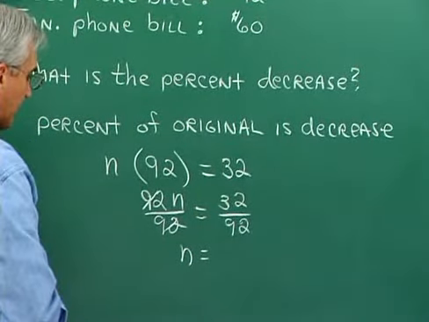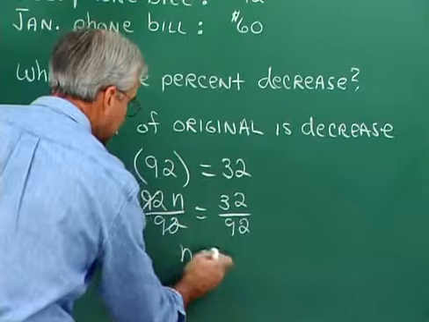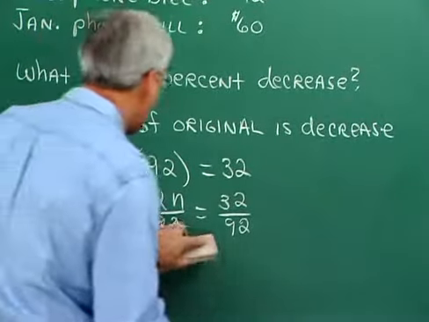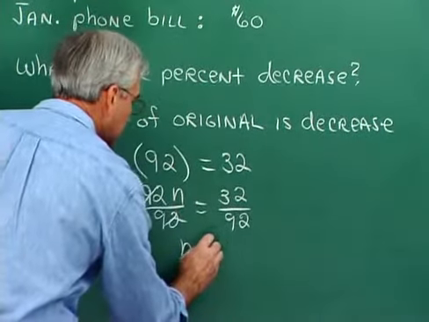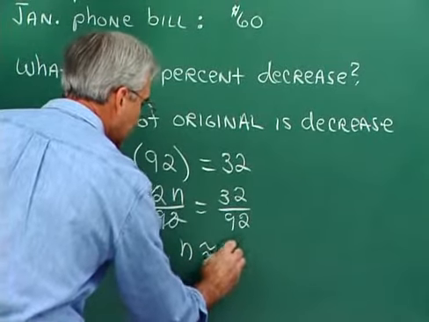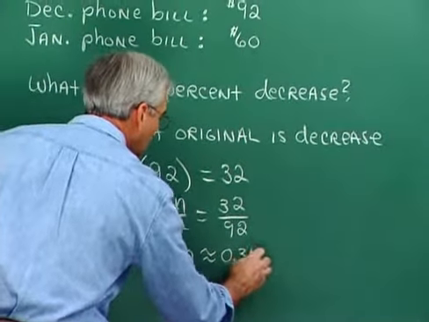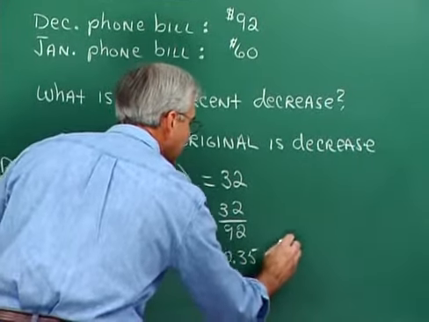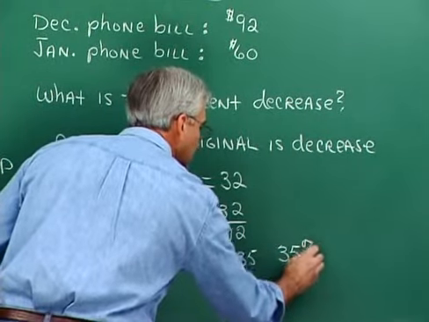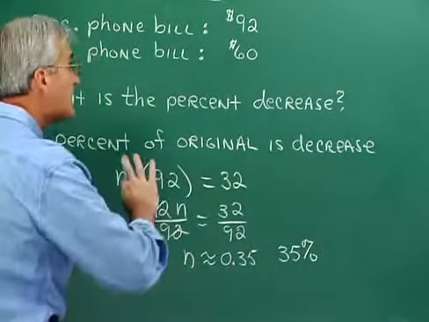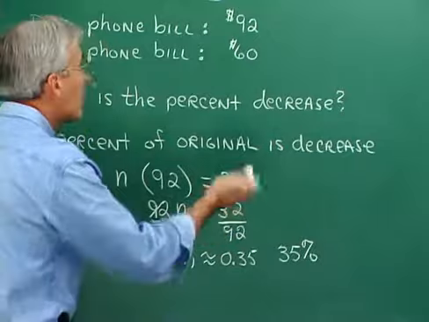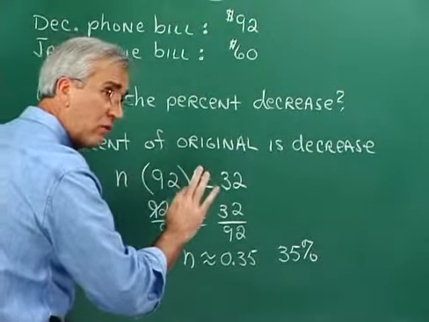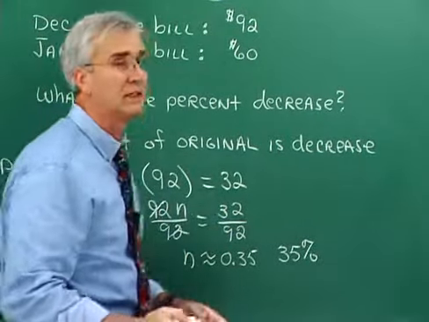Turns out to be approximately, and I'll write approximately here, I don't think this turned out to be exact, but it's approximately 0.35 and so on, and that is 35%. So the percent decrease from December to January for the phone bill is about 35%.